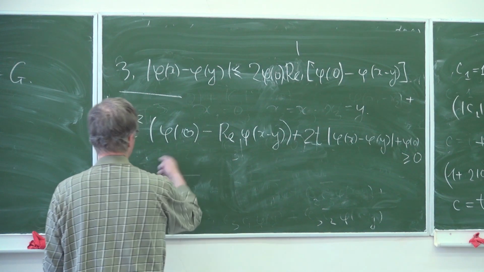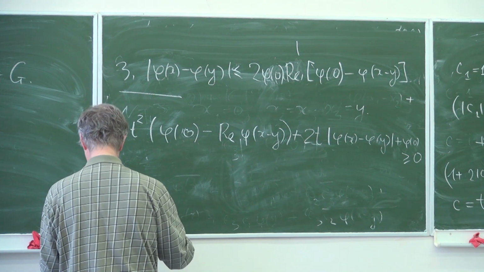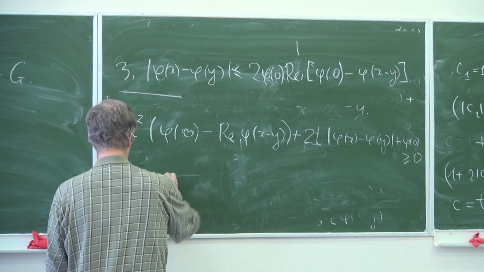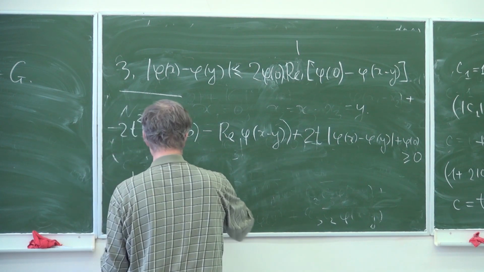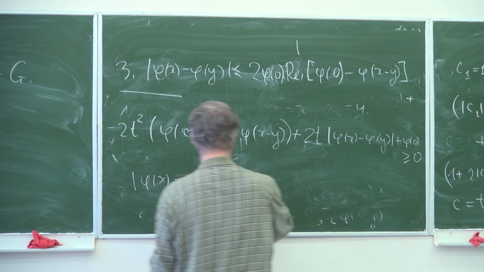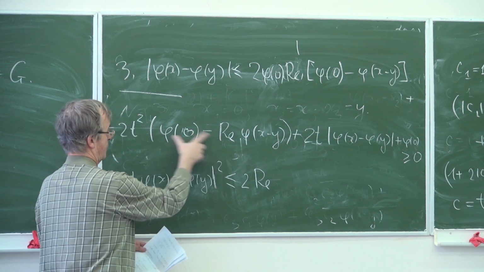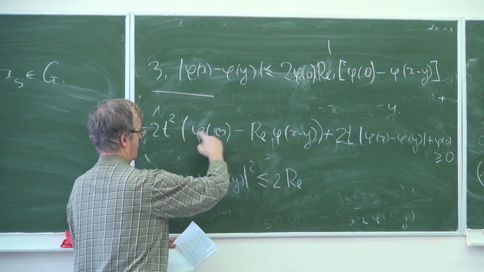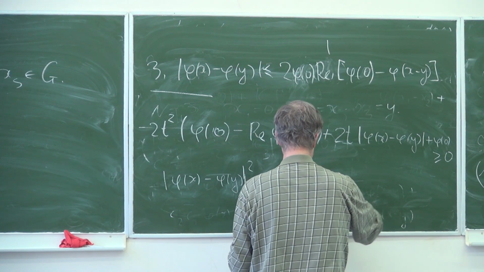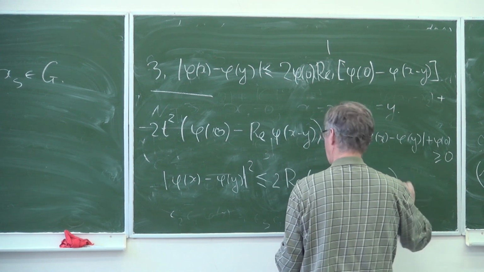So in principle, the discriminant is non-positive, and this tells us that the absolute value of phi of x minus phi of y squared doesn't exceed twice the real part of phi of 0 minus phi of x minus y. Here this is real, so I can write the real part of this difference.